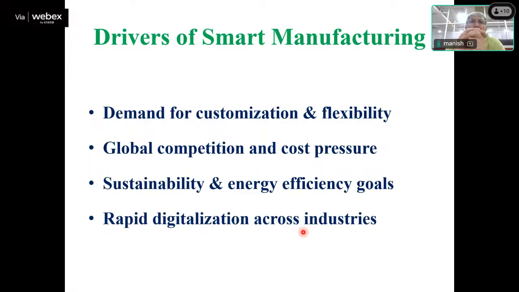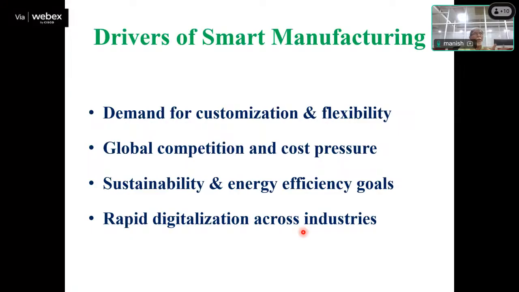Now, if we look at the drivers of smart manufacturing, we know that the need for customization and the need for flexibility has led to something innovative in the manufacturing sector, and that has ultimately invoked smart manufacturing with the advancement of digital technologies.